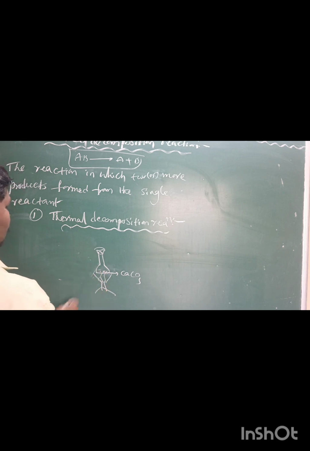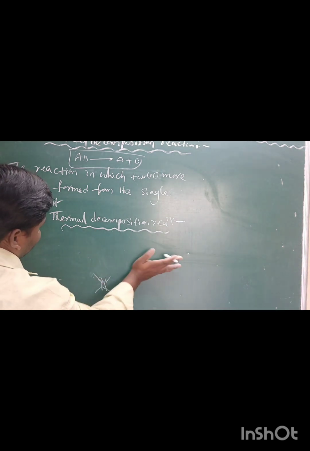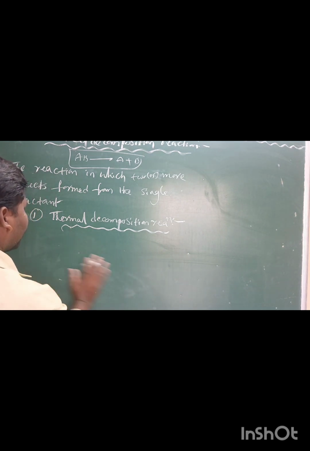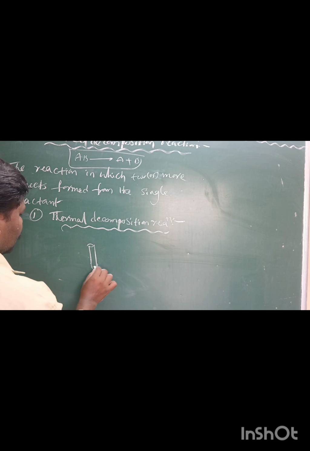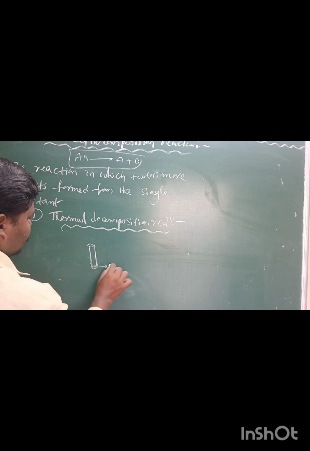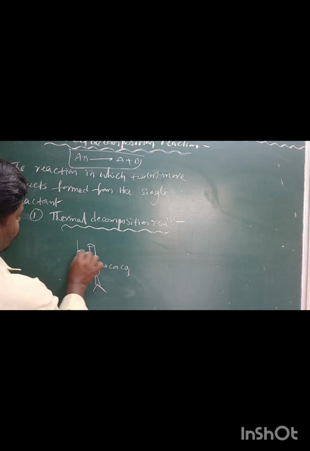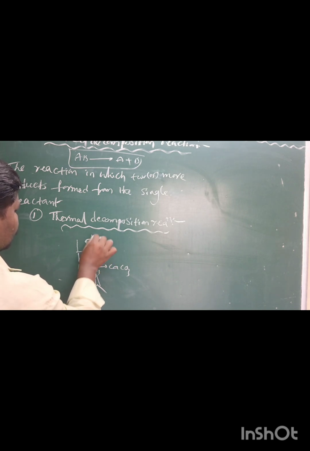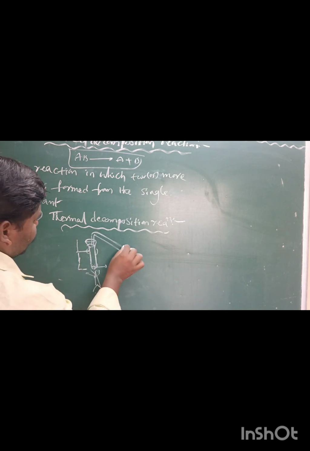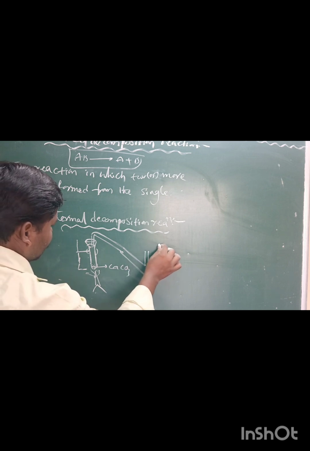This is a rubber cork, or if you take a simple test tube, take a small amount of calcium carbonate in the test tube, then heat it strongly. Here this is a delivery tube. This delivery tube is allowed to pass through the soap solution.